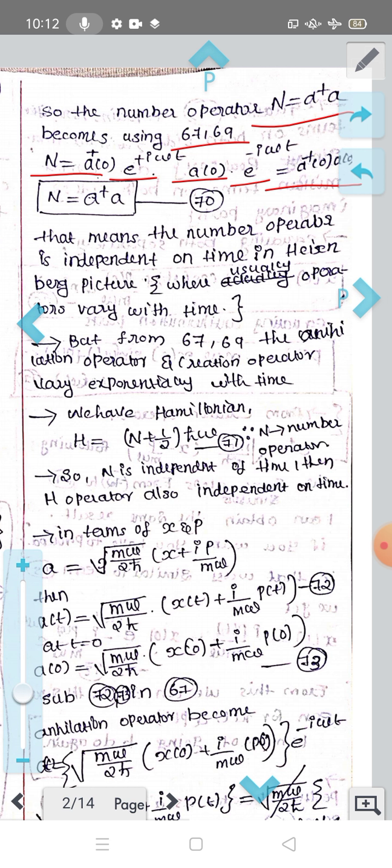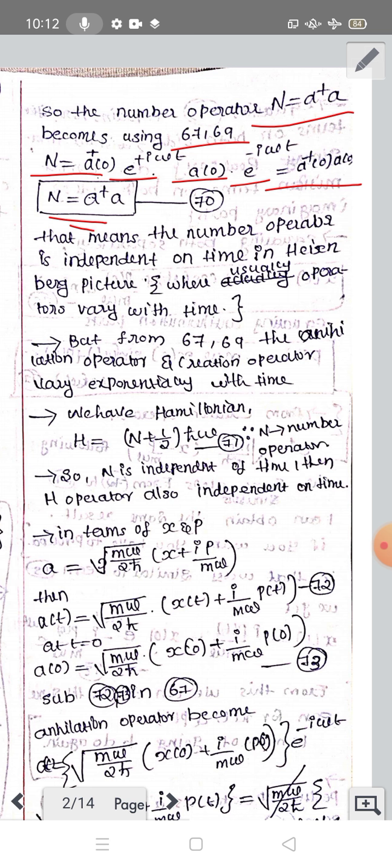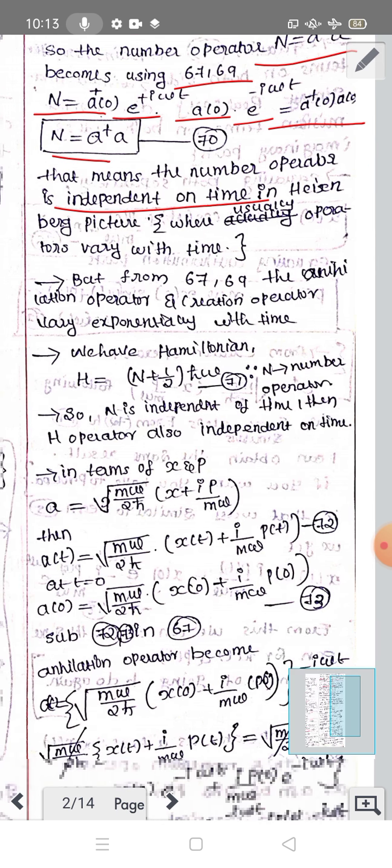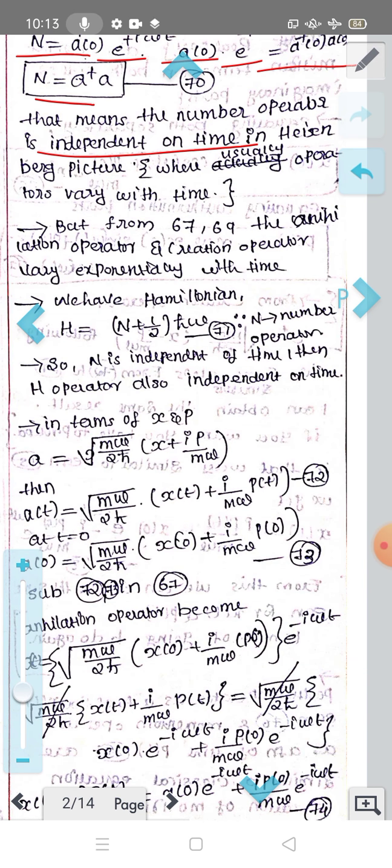So it is A dagger of 0 A of 0. That is n is equal to actually A dagger A. That means the number operator is independent of time in the Heisenberg picture. Usually operators vary with time, but the number operator is independent of time in the Heisenberg picture. But the creation and annihilation operators depend on time, exponentially.